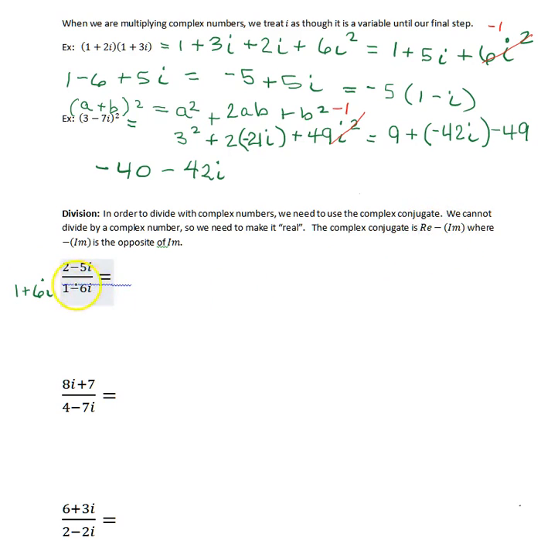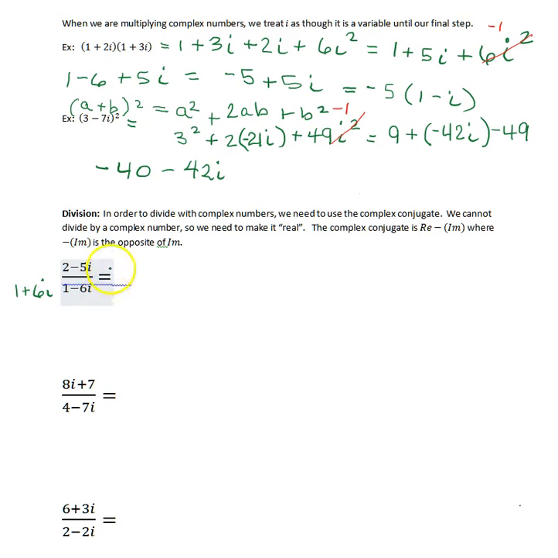So in this case it was negative, so this becomes positive, and I guess I don't have any that have a positive in the denominator. But if I had a positive here, then I would use the negative. So again, it all depends on what the sign is on the imaginary part of the complex number in the denominator.